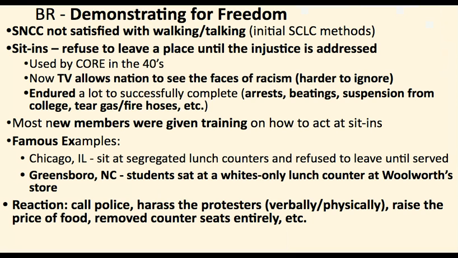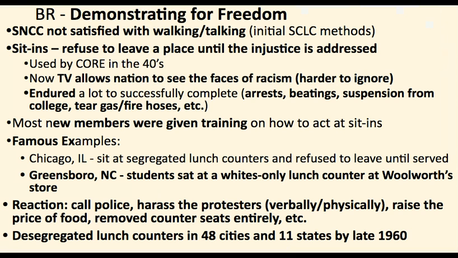And this is disruptive. This is something that really is a lot. So it could be anything from calling the police to harassing the protesters. It could be raising the price of food so that even if they were going to sit there, they can't have the money, they can't sit there. They would physically remove counter seats to avoid having these sit-ins take place. So many different things.